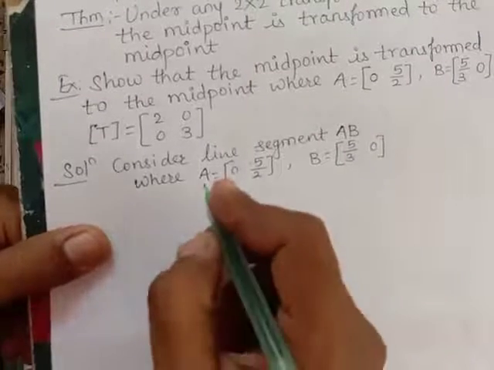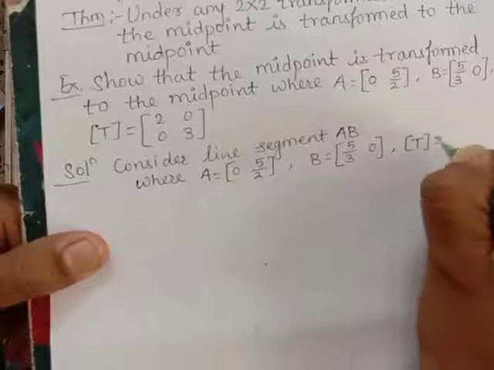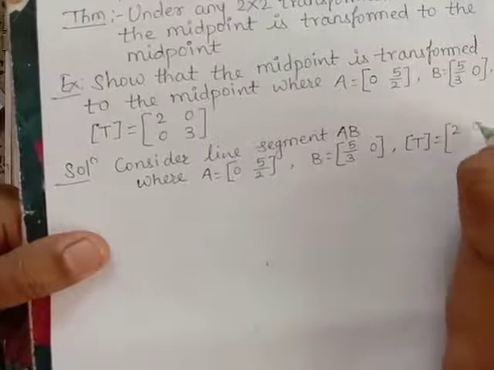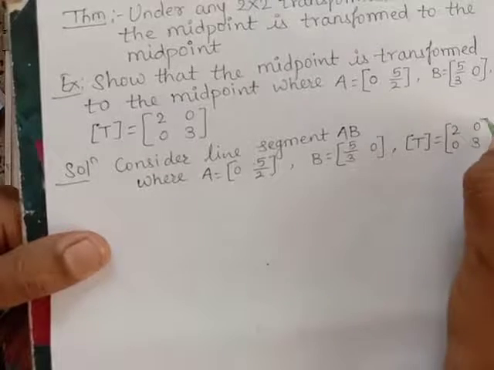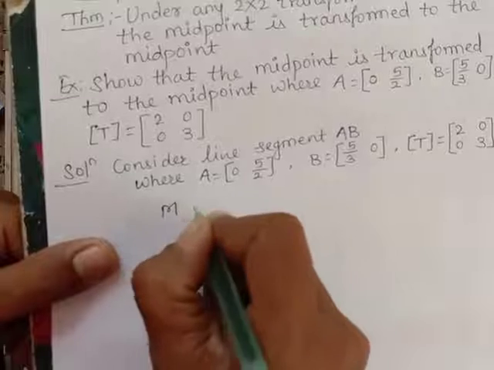Now T is with us. What is T? It is [2 0; 0 3]. So now what is the midpoint here?